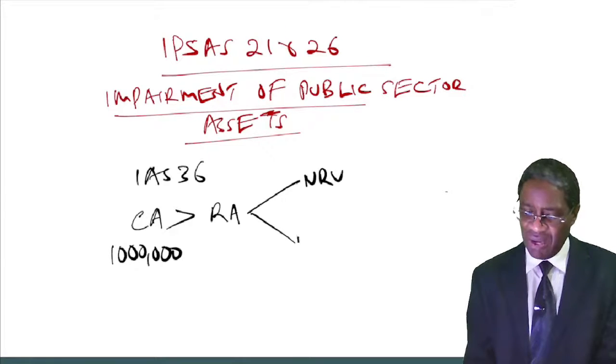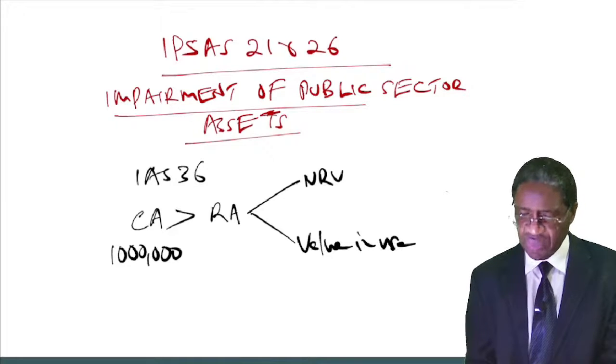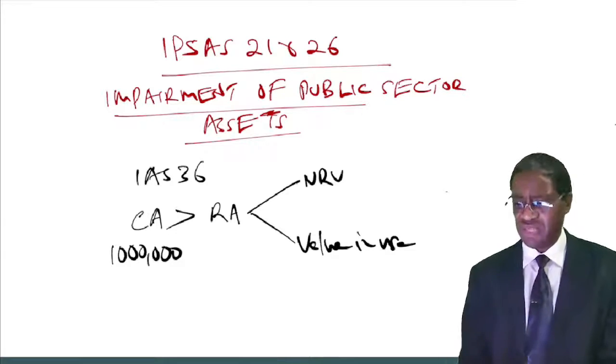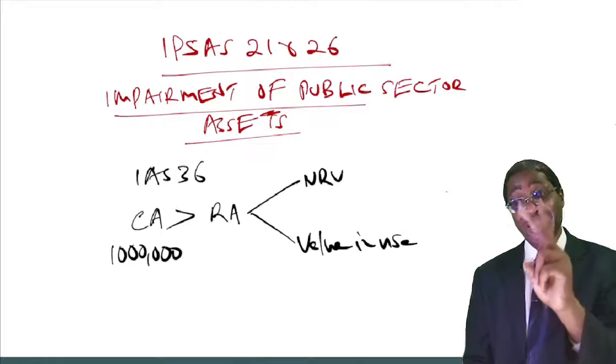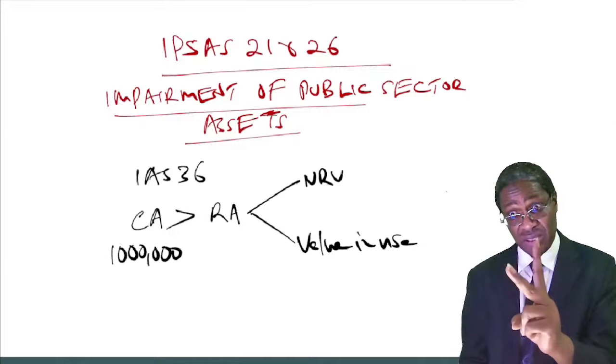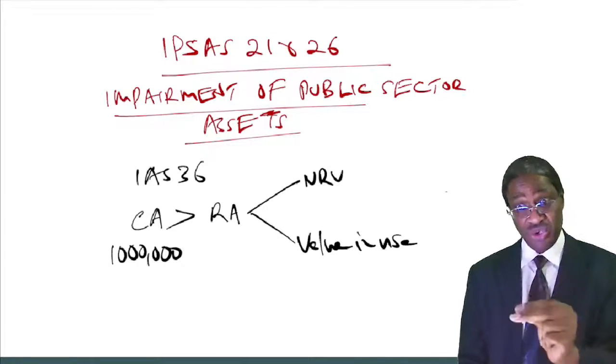Then the other amount is what we were calling the value in use. So for that asset you are testing for impairment, you calculate the two values for the same asset: the net realizable value and the value in use.